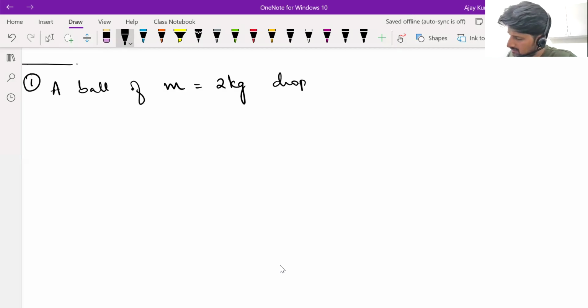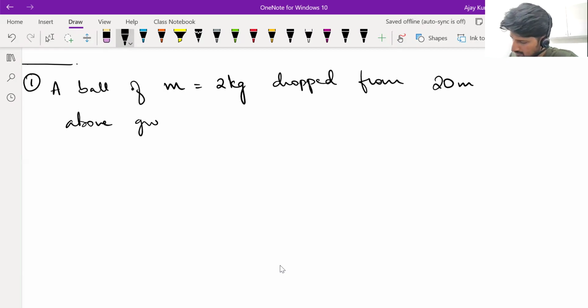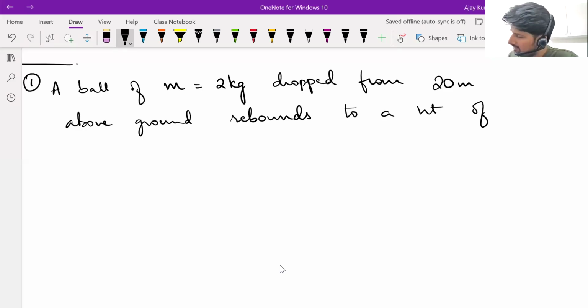dropped from a height of 20 meters above ground. Rebounds to a height of only 5 meters above the ground.